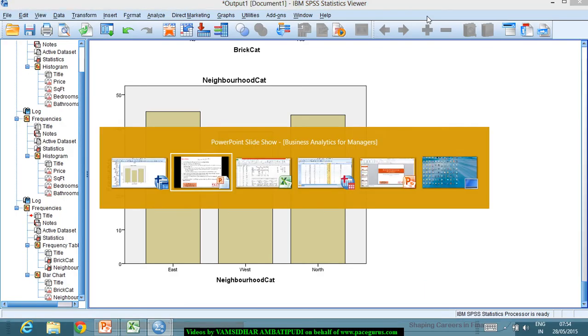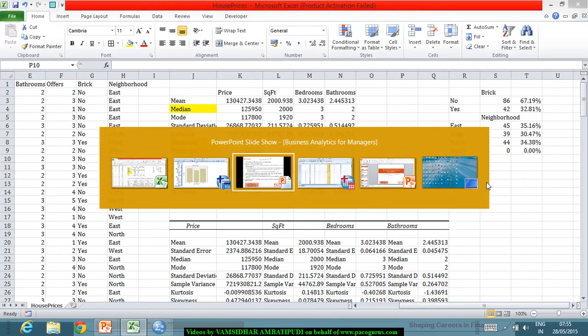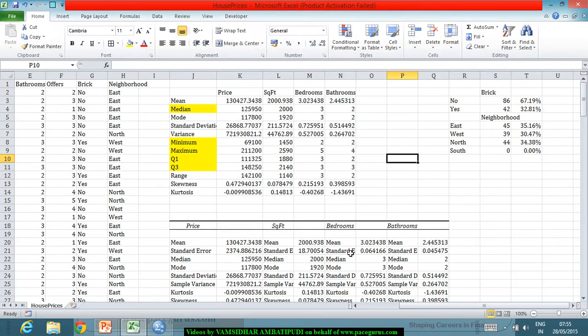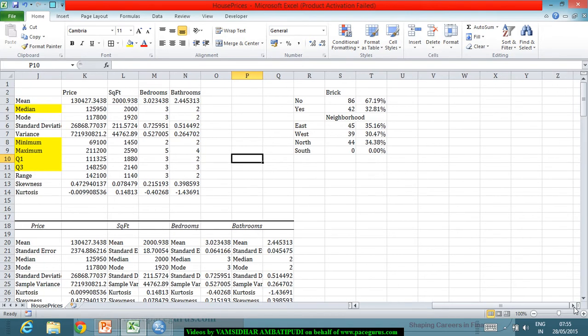If I have to showcase that in Excel, it takes the median, quartile 1, quartile 3, the minimum and the maximum. These are the 5 different points that are taken in the case of a box plot. A box plot is a very powerful tool to identify the outliers in the data. Very comfortably, the outliers are identified in the data. Now, what happens is these 5 are taken.